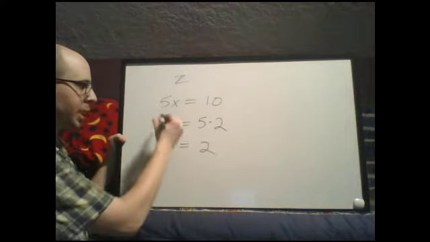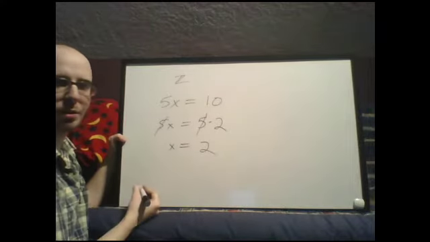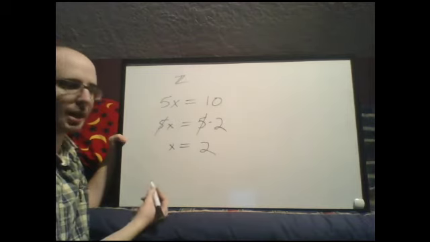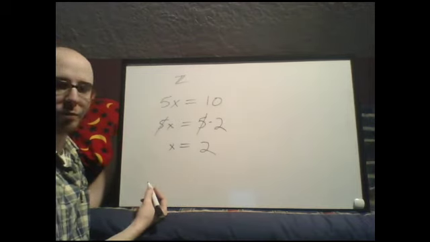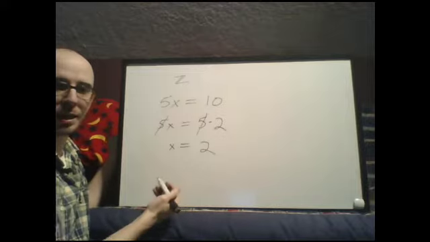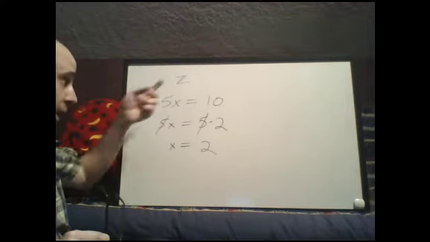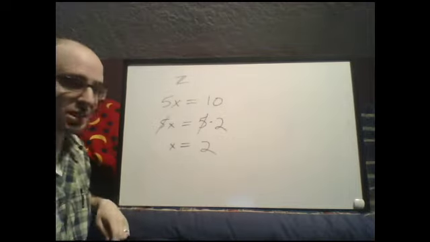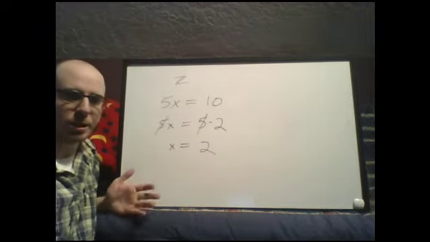And what I'm doing is I'm canceling 5. Like if I said 5x equals 8, I can't say x equals 8 over 5 because that's not an integer. I'm looking for an integer that satisfies the equation. So I'd just be stuck with 5x equals 8 and there wouldn't be a solution.